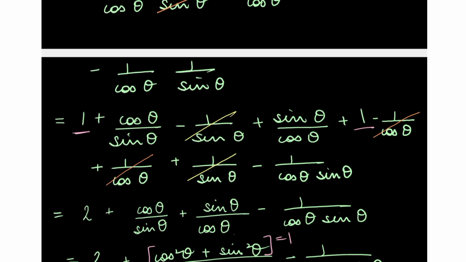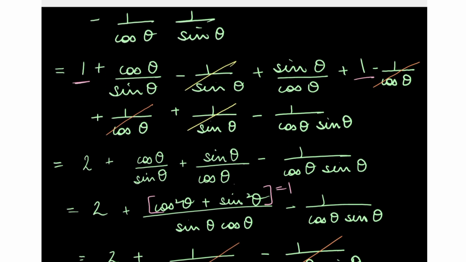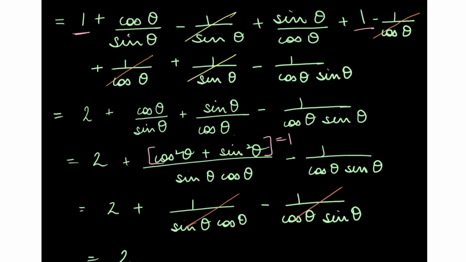So these 1 plus 1 can be added together. Minus 1 by sine theta plus 1 by sine theta cancelled, minus 1 by cos theta plus 1 by cos theta cancels. So we are left with 2 plus cos by sine plus sine by cos minus 1 by cos sine.